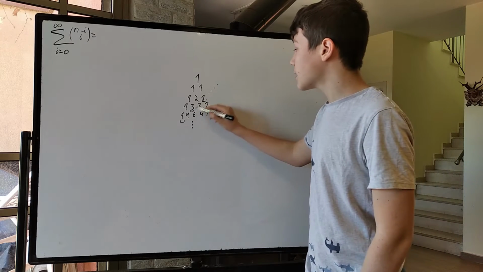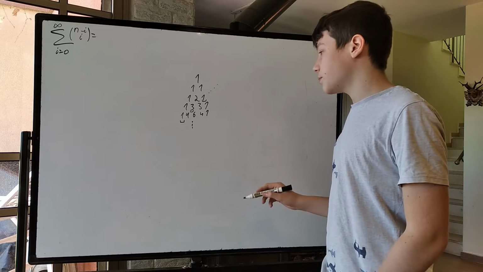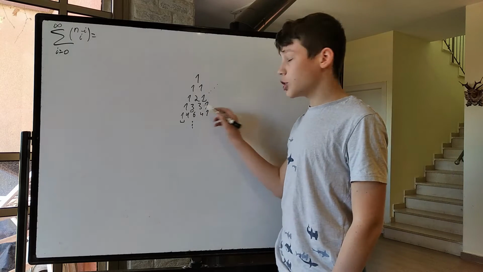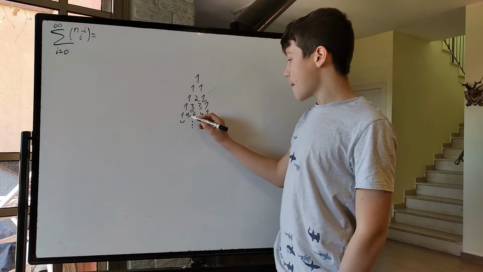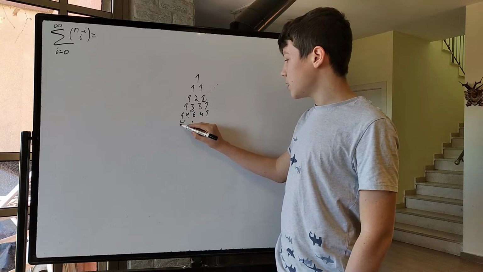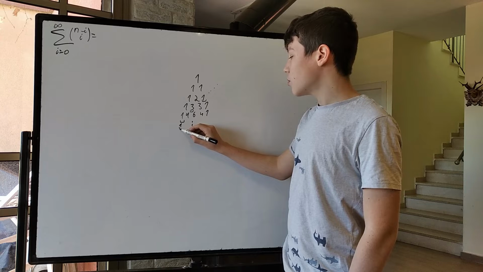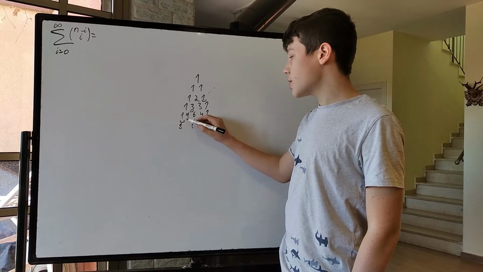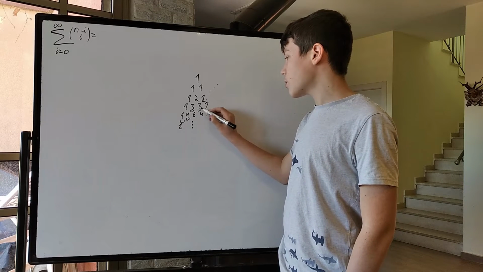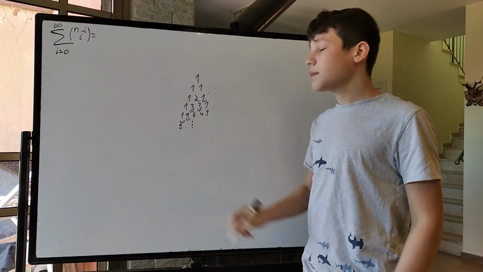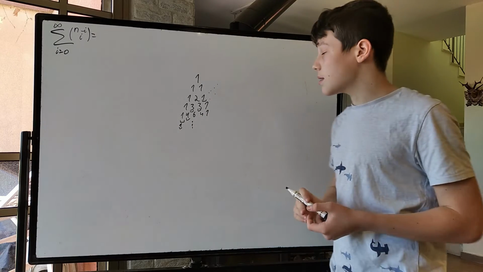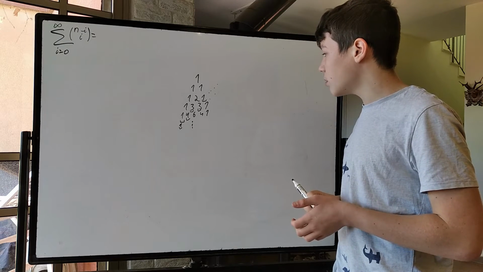If we look at its shape in the triangle, it's a diagonal. If we start from row 5, we'll have 5 choose 0, 4 choose 1, 3 choose 2, and so on. So it seems like we're having these diagonals on Pascal's triangle.